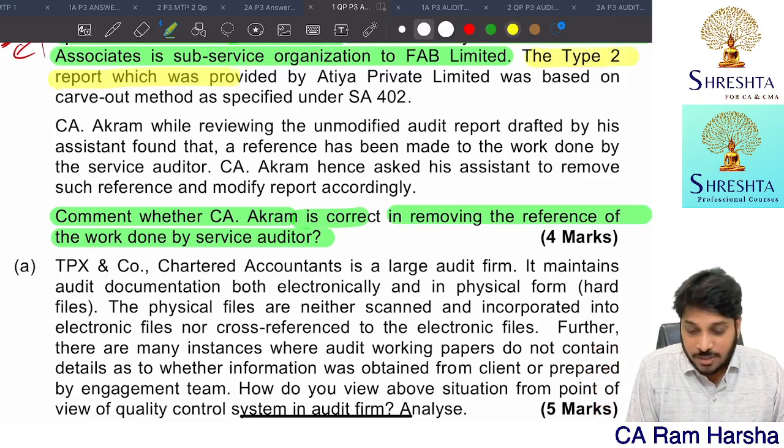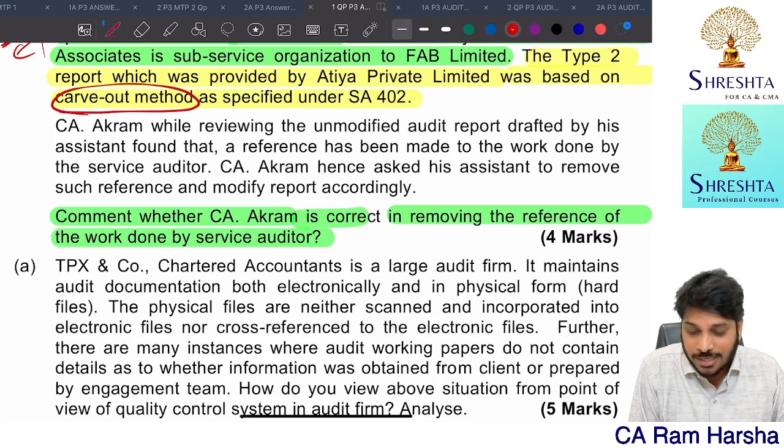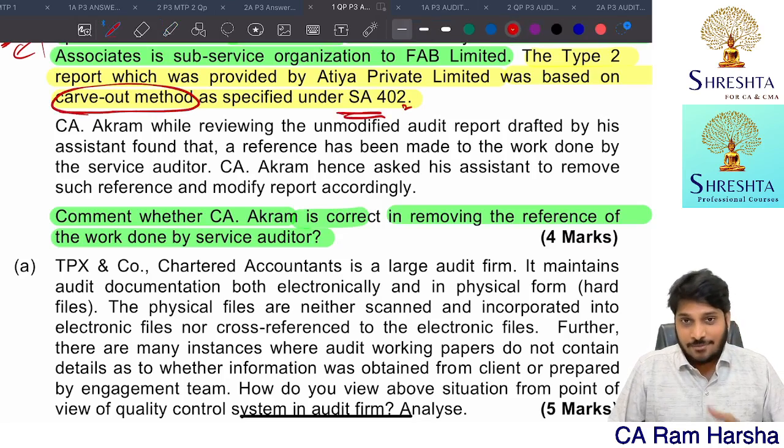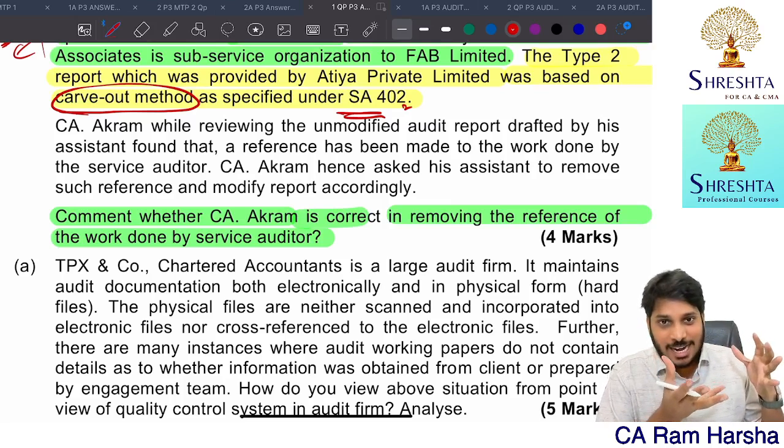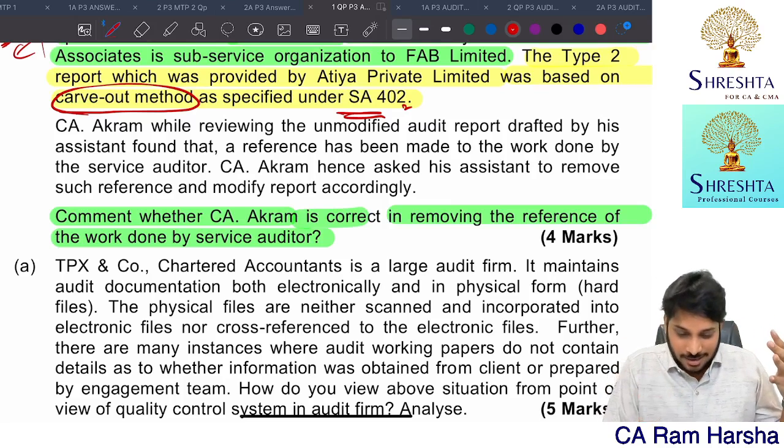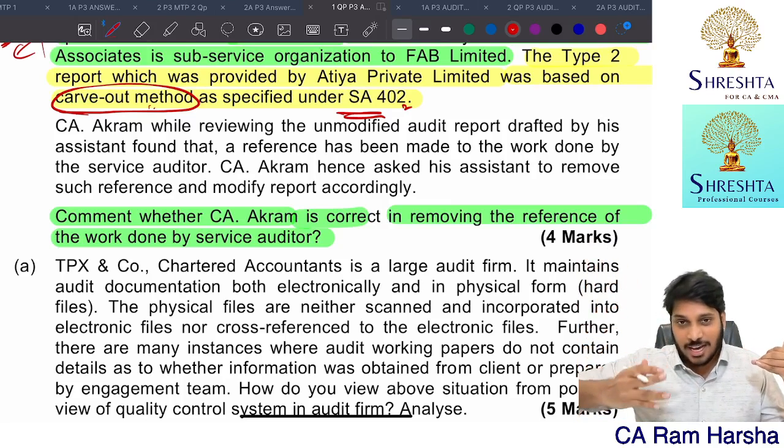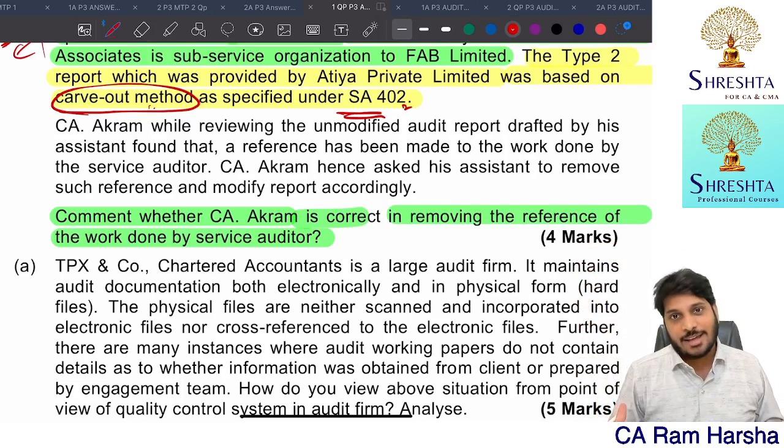The type 2 report which was provided by Atia, the service organization, was based on the carve out method as specified in 402. We normally discuss auditing standards in depth. Now, if I have to discuss the carve in method and carve out method, this is international framework language.